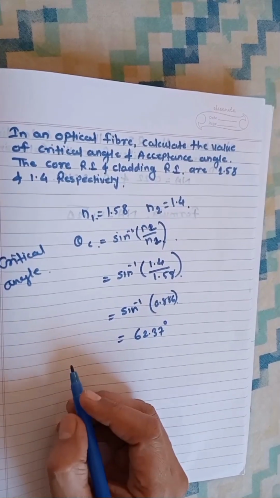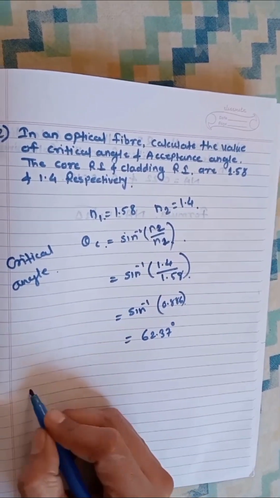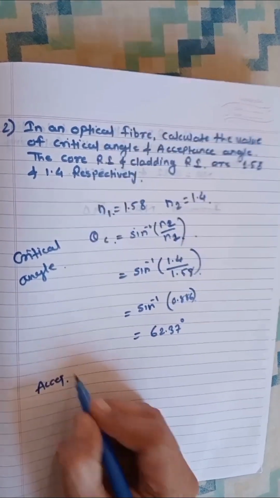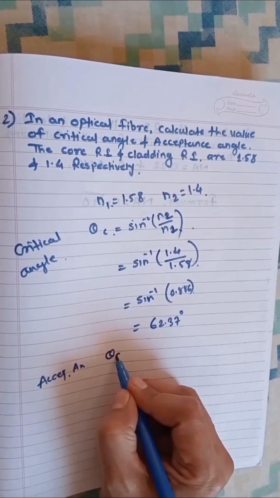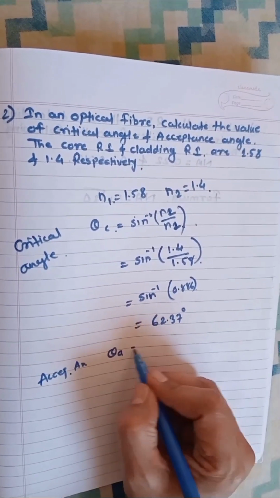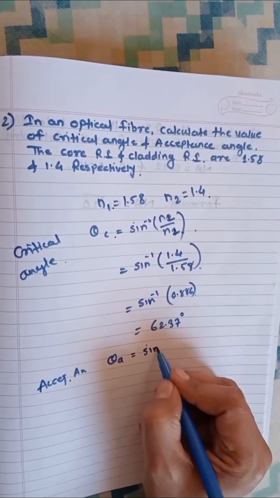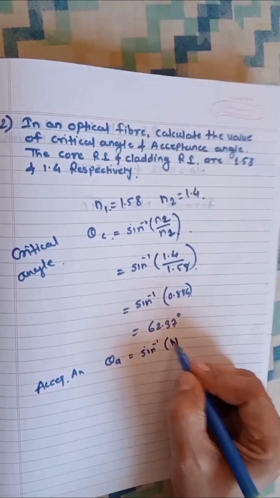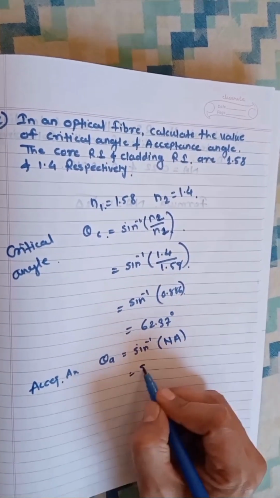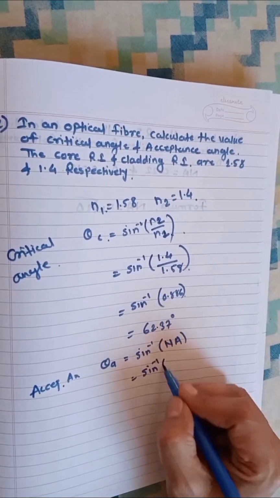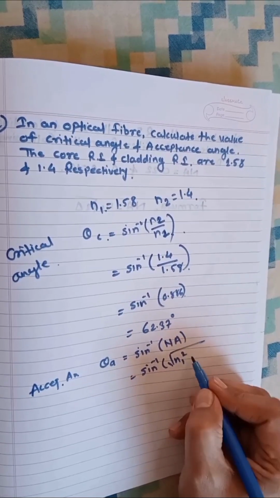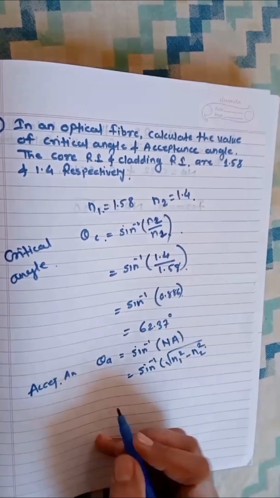Now second is to calculate the acceptance angle, which is denoted by theta a. So it is the sine inverse of numerical aperture, and numerical aperture formula is under root of n1 square minus n2 square.